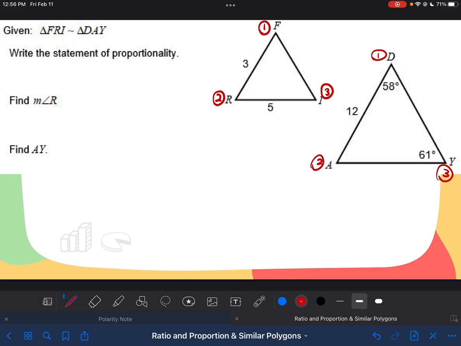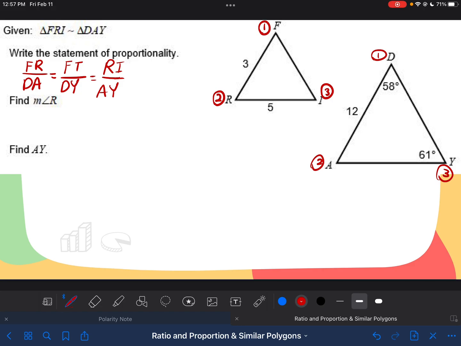So based on those numbers, I'm going to pair it up. I'm going to have FR on the top. That means I'm going to have DA, same as FI and DY, which means RI is same as AY. And there you have it. So that is your statement of proportionality.